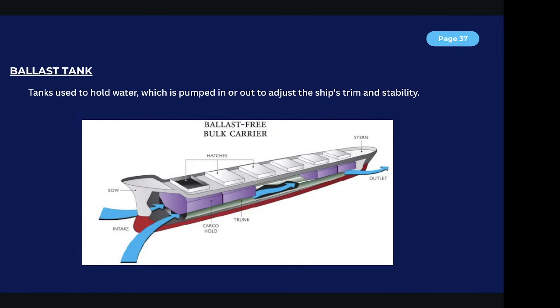So next that we have is what we call the ballast tank. These tanks are used to hold water, which is pumped in or out to adjust the ship's trim and stability. So this ballast tank acts as the balancer.